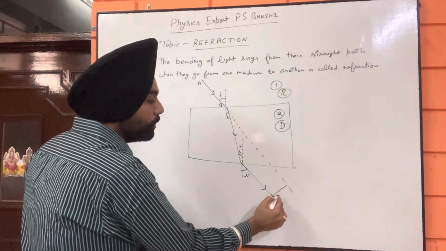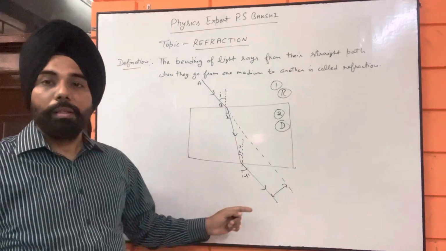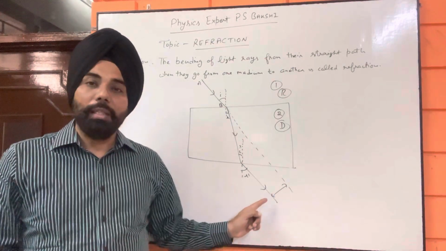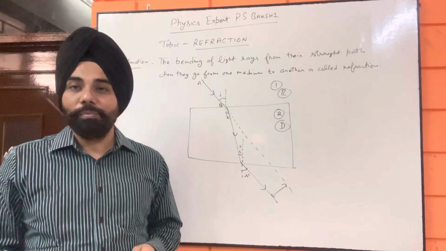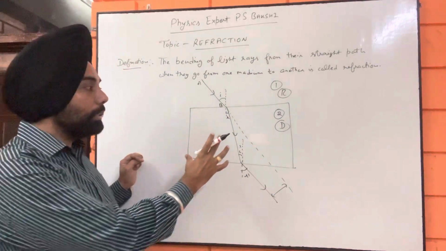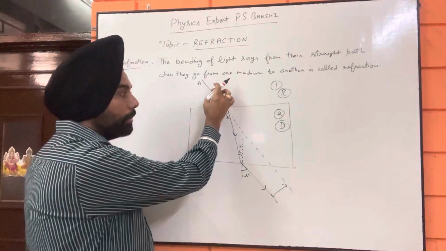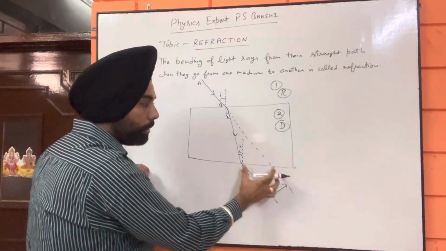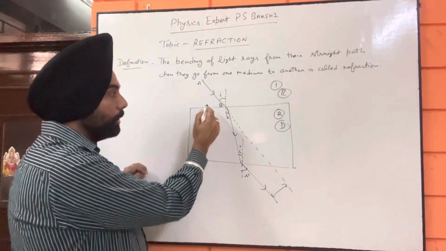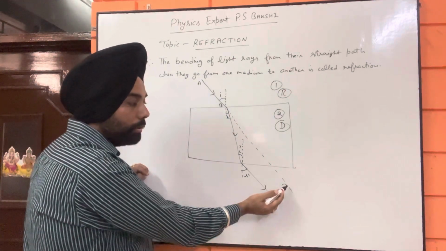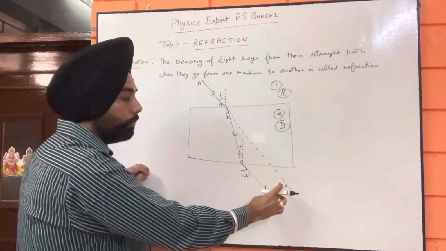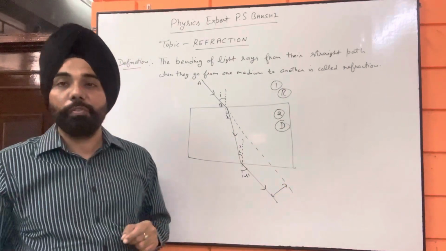So it always deviates from its path, and this perpendicular distance shows the lateral shift. If we do not place the glass slab, the ray of light will go that way, but if we place a glass slab, it is deviated from its path and emerges parallel to the actual path. The difference between them is known as lateral shift.